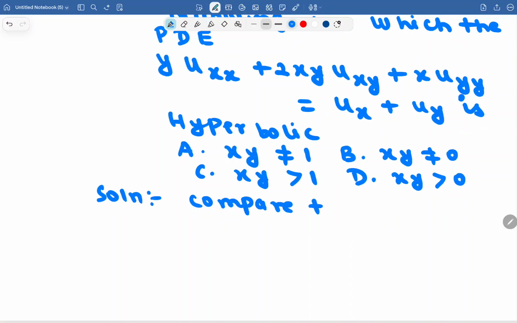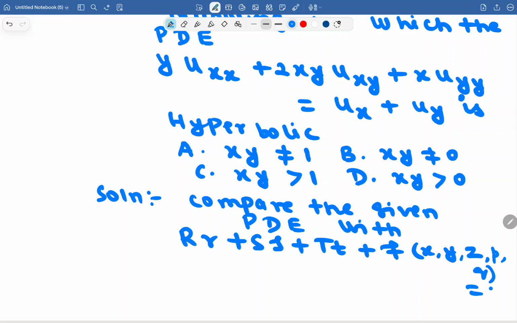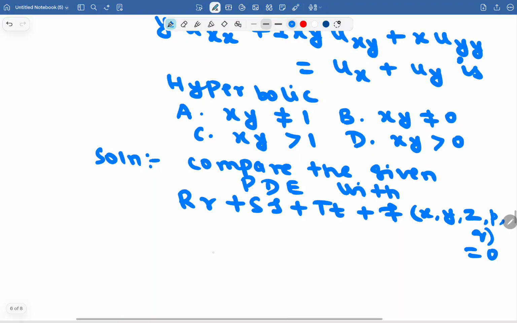Compare the given PDE with R r plus S s plus T t plus f of x, y, z, p, q, which is equivalent to 0.